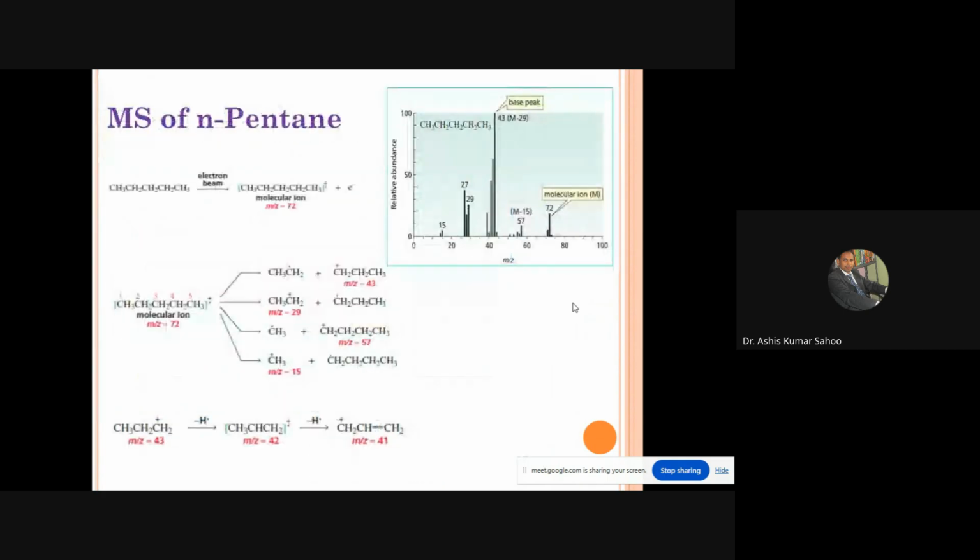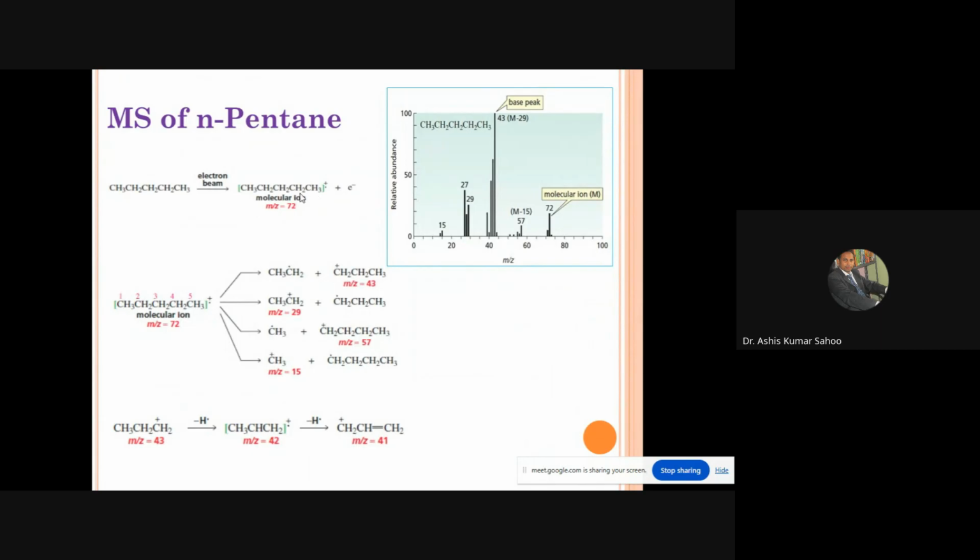So let's discuss the mass spectrum of n-pentane. If you look at this pentane molecule, in the presence of an electron beam it will be converted into a radical cation. What is the mass by charge ratio? 72.